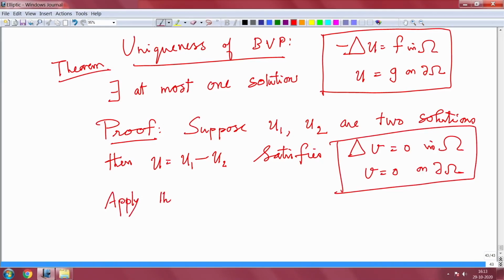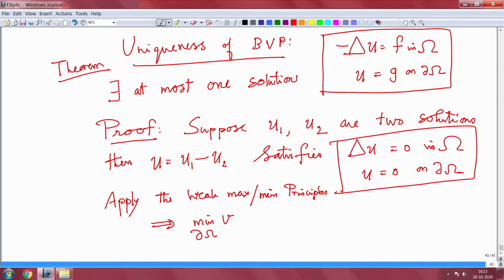Now apply the weak maximum and minimum principles. What does that tell you? This will imply the minimum is 0. What is the minimum? Minimum of V over the boundary, not U, sorry, you have to write V equal to 0.